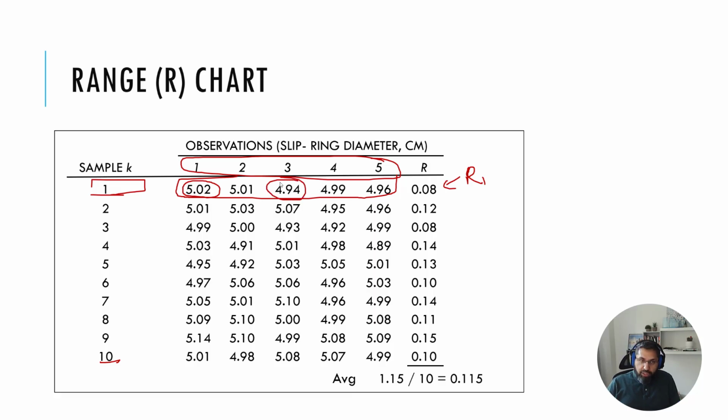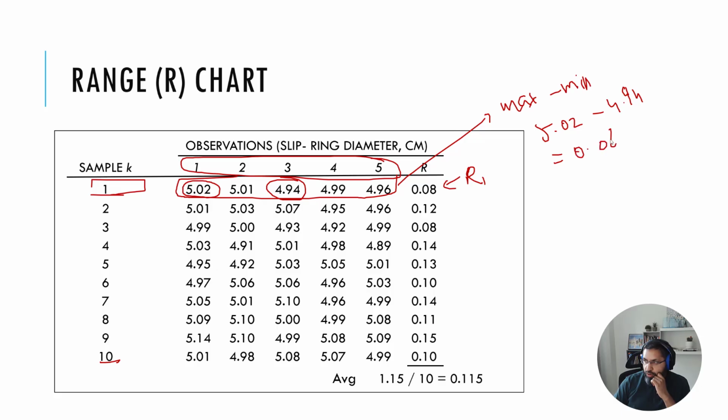If I subtract the lowest value of 4.94 from 5.02, for this sample, the max minus the min gives me 5.02 minus 4.94, which gives me 0.08. And that's going to be the range of sample 1, or R1.